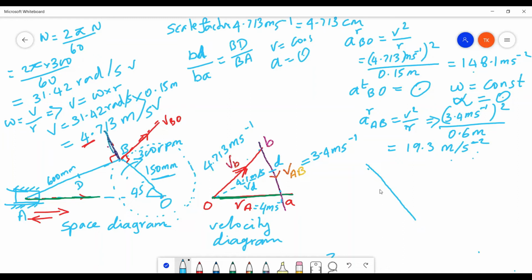This is the acceleration of point B. Since I have marked O, A and B here, I will mark O dash here, and this is B dash. O dash B dash, the acceleration is this way. Radial acceleration is this way, and tangential acceleration is that way, which we will see first.